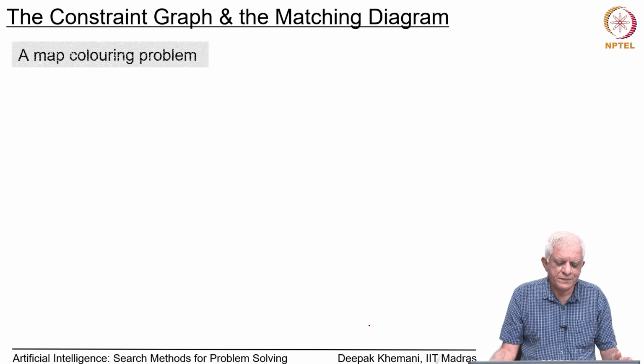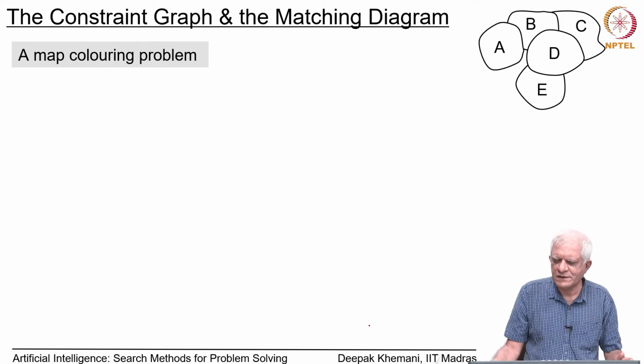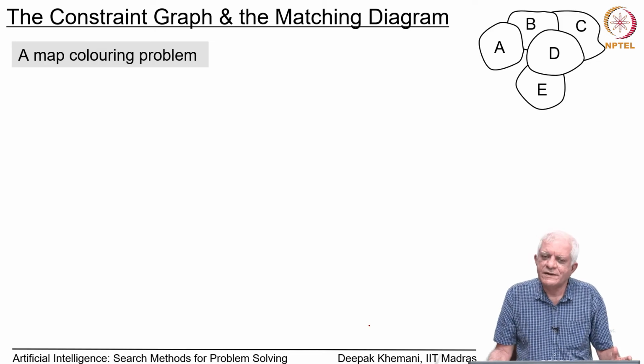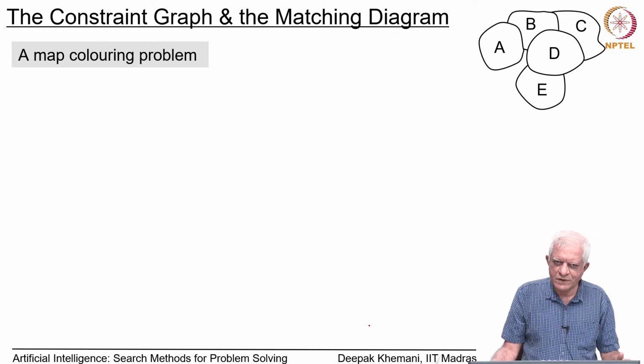To do that, let us look at a very popular problem called the map coloring problem, and I am sure you are familiar with this. There was this 4 color theorem that we mentioned at some point, which said that any map on a planar surface can be colored in 4 colors. This is a small example of a map. There are 5 regions, as you can see, A, B, C, D, E. When you are specifying the constraint satisfaction problem, you would also specify which colors are allowed.